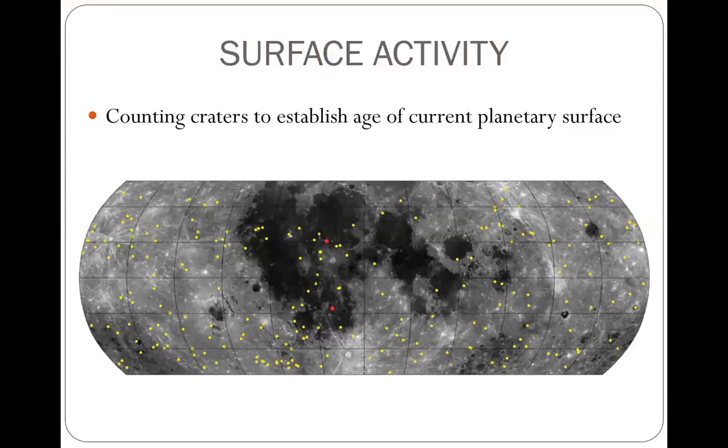But one of the last aspects in chapter 7 that we're going to focus on here is this idea of trying to determine how old a planet or how old an object is within our solar system.